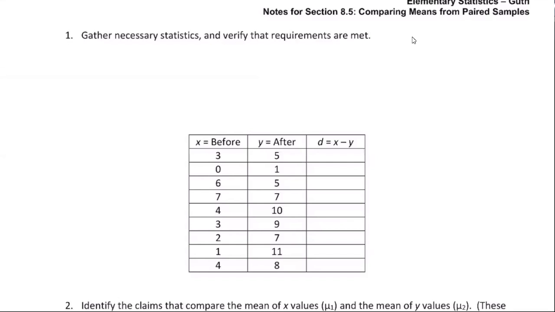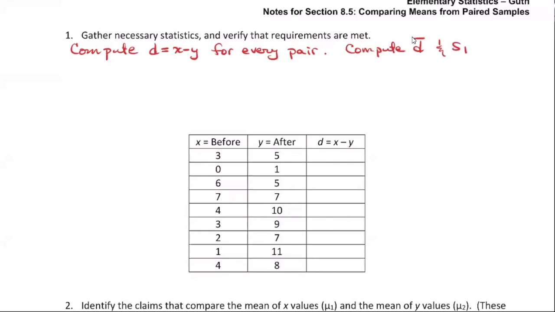So you have to compute D, which is X minus Y, for every pair, okay? Then you have to compute D bar and SD, which are the mean and standard deviation of the Ds.